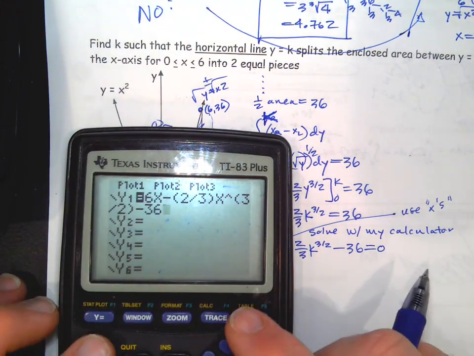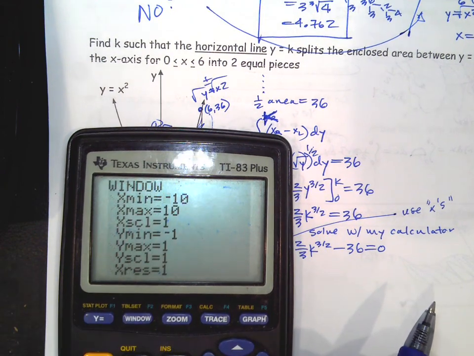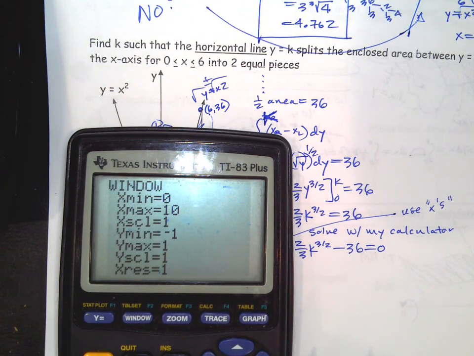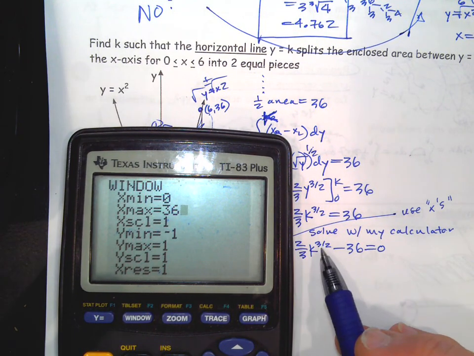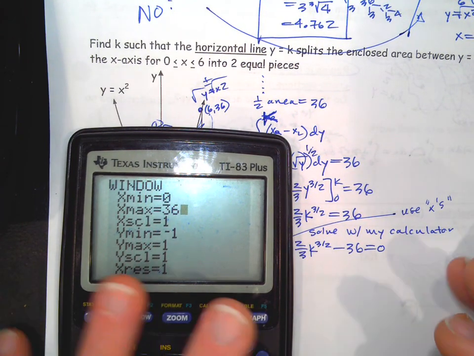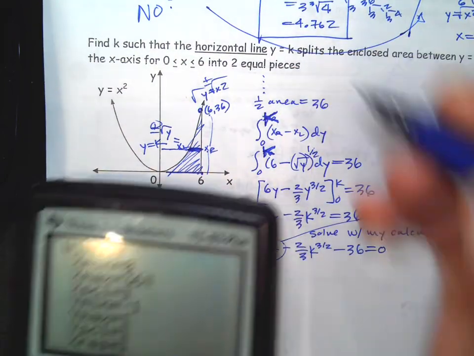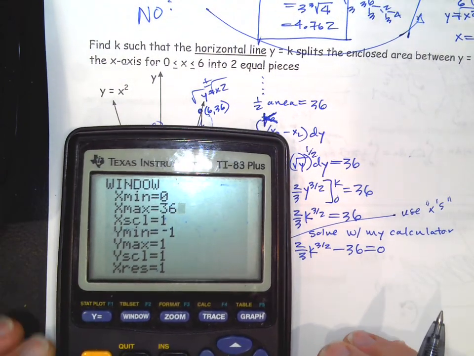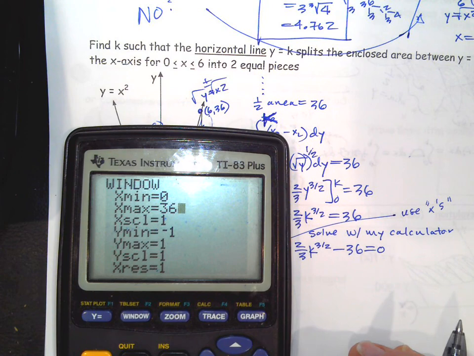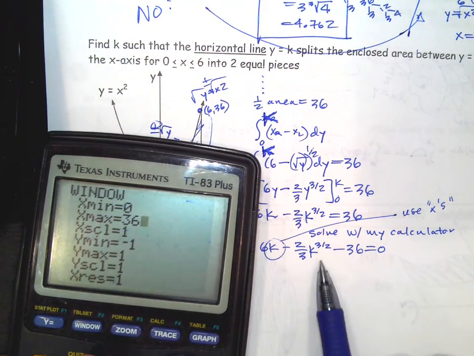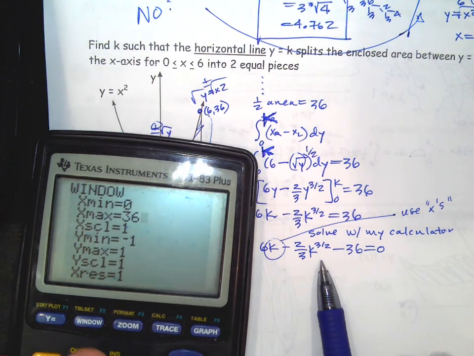I'm going to go to the window, though, because I know the answer should be between 0 and 36, not 0 and 6, because remember, these k's are like our y values, right? It's somewhere between 0 and 36. I really just care about seeing the x-axis, because what we're trying to do is find the x-intercept of this graph, right?